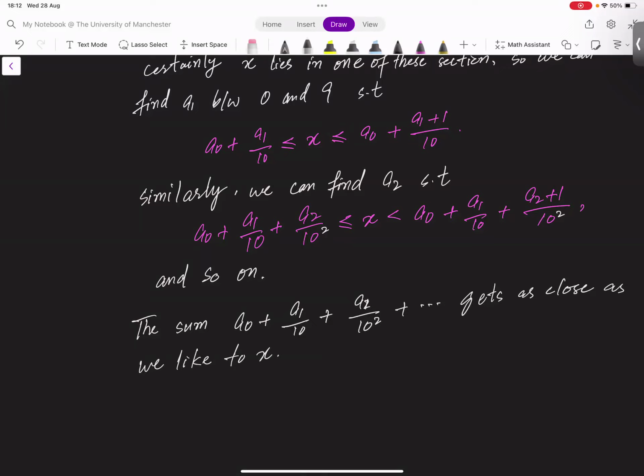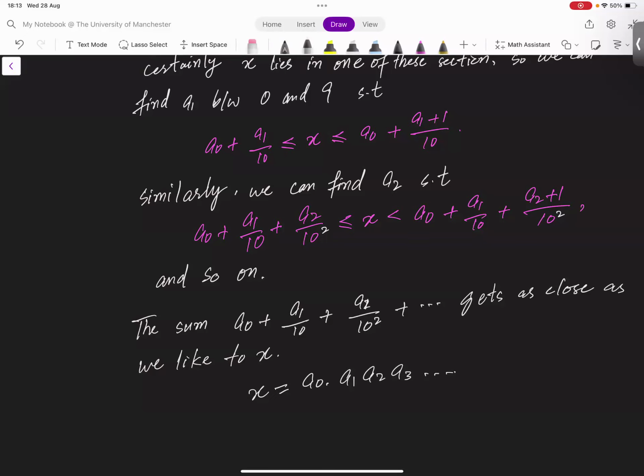This is what we mean by x is a0 point a1, a2, a3, and so on. So every real number x has this kind of expression.